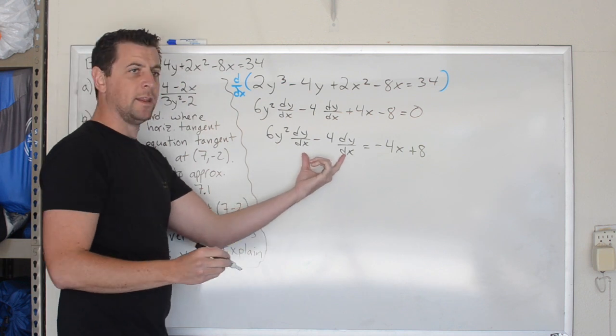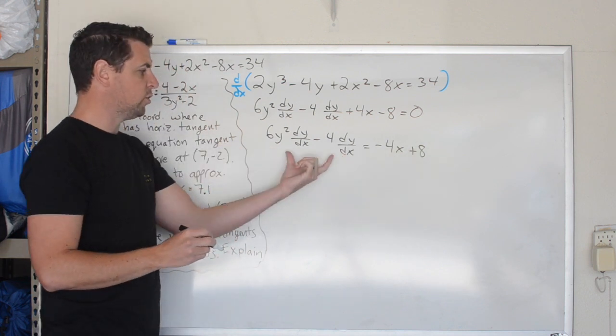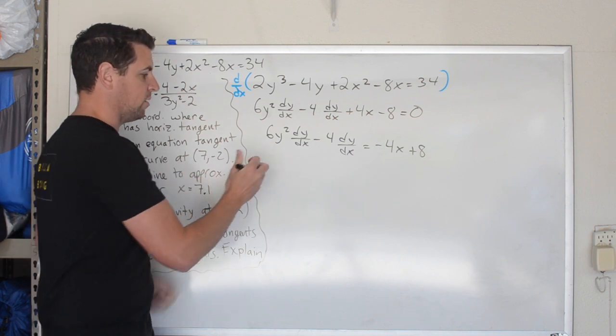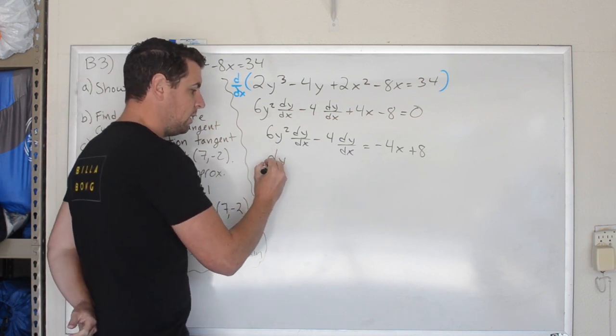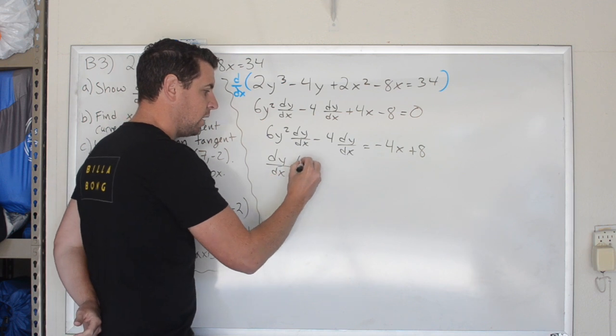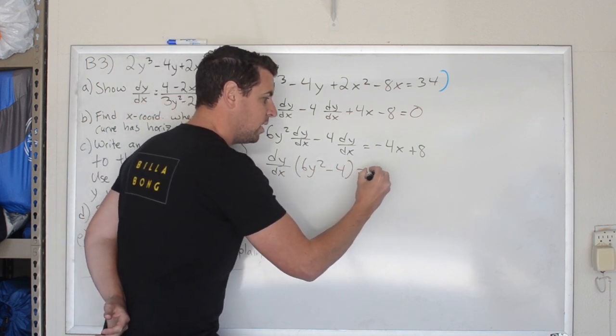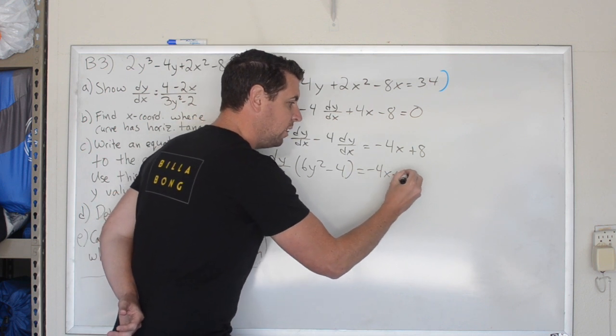Then between these two terms I can factor a dy dx out, getting it by itself. And when I do that, I get dy dx times 6y squared minus 4 equals negative 4x plus 8.